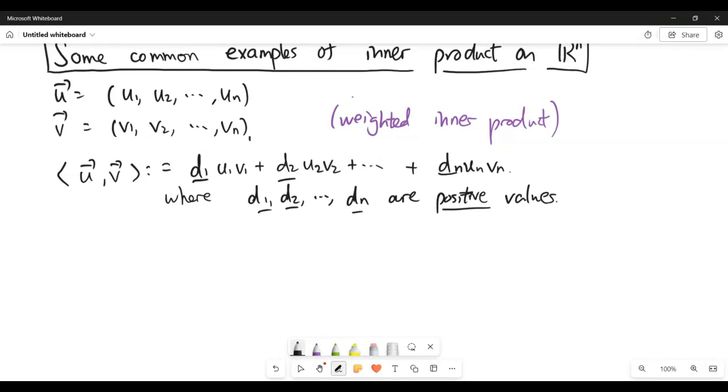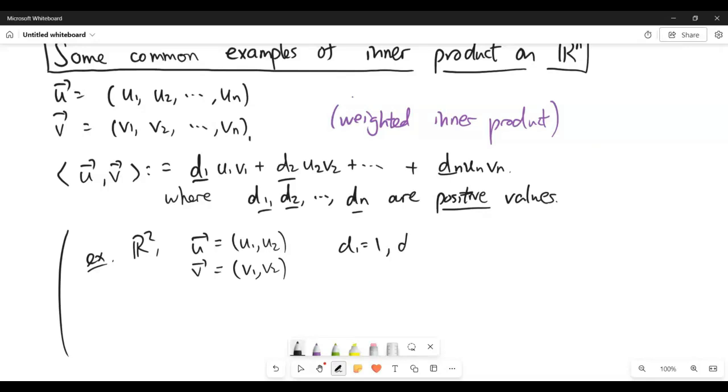I think the typical example is if you look at R2, where u is (u1, u2), v is (v1, v2), and let's say d1 is 1, d2 is 1. You would understand that this inner product is defined by u1v1 plus u2v2, because in this case d1, d2 are 1, right?